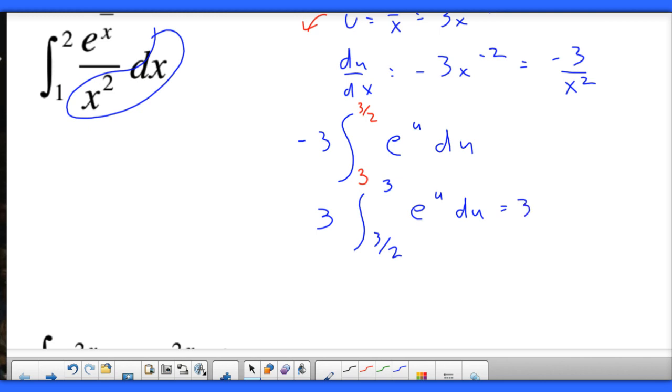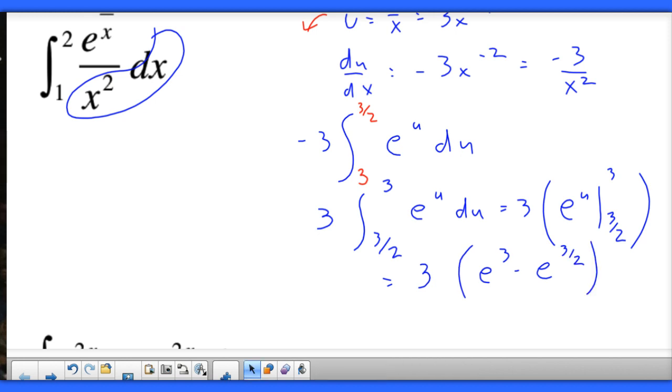That's going to be 3 times the antiderivative of e to the u, which is e to the u, from 3 to 3 halves. So that will wind up being 3 times e to the third minus e to the 3 halves. And this is our answer.